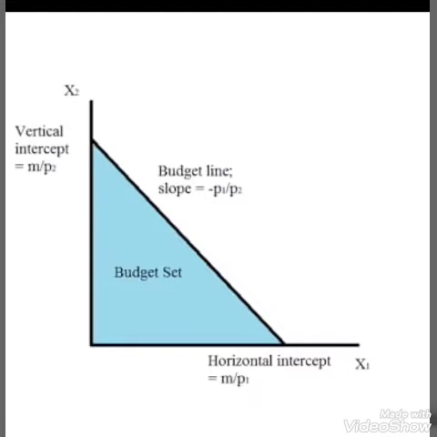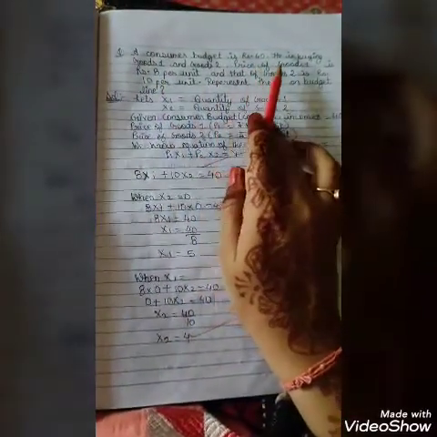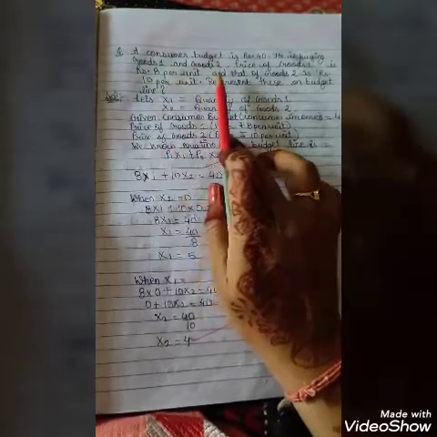Let's take an example for the budget line. Suppose a consumer's budget is rupees 40 and he is buying goods 1 and goods 2.